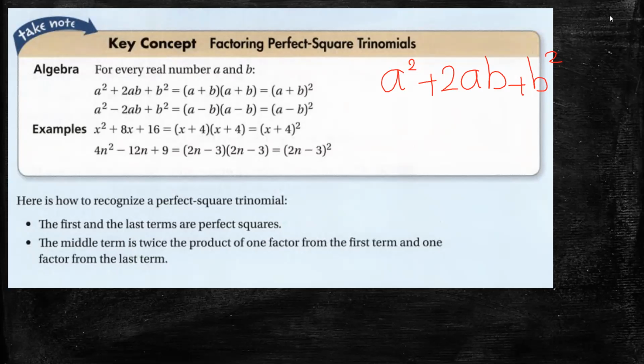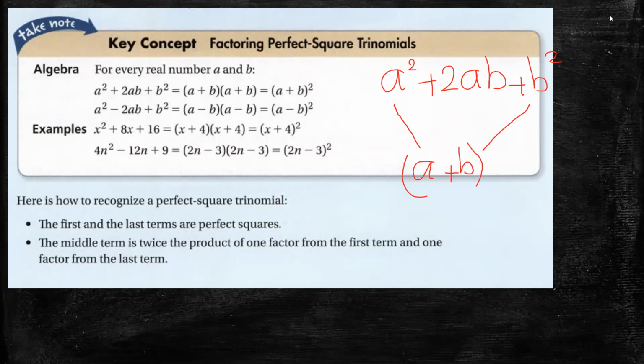What do I have to do? Look here. They tell me to write the first term squared, and the last term squared, and write here A plus B.